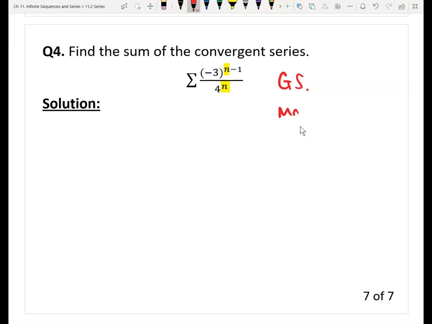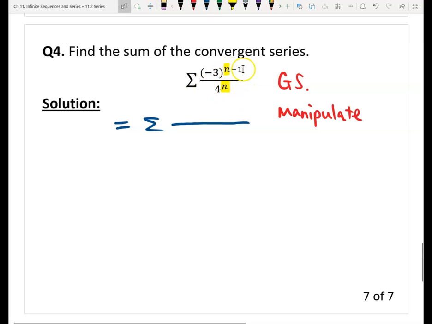So we just manipulate a little, and so we can find the general notation. Follow the formula. I will show you this way. I will leave the top power n minus 1, which means I leave the numerator no change.